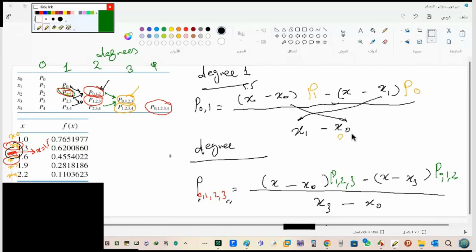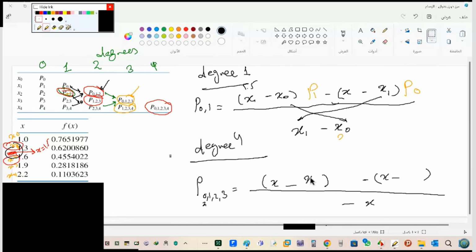Now, same thing for degree, this is degree 3. Now, for degree 4, same thing. Okay. Degree 4 is B0, 1, 2, 3, degree 4.